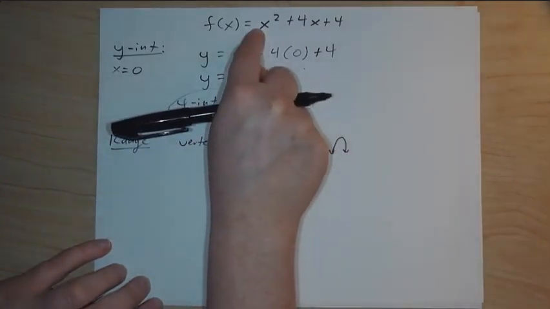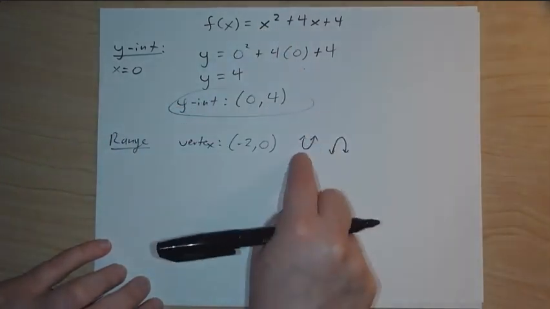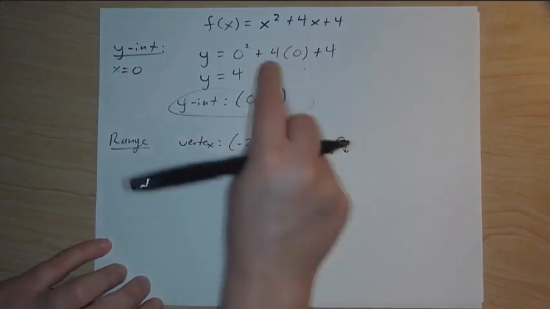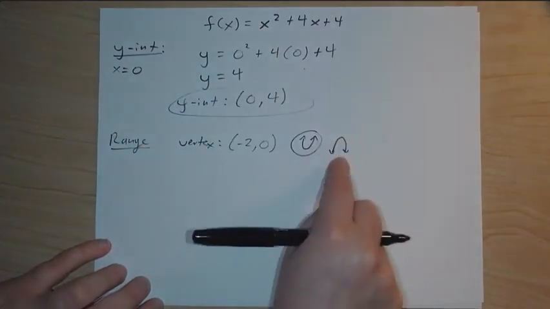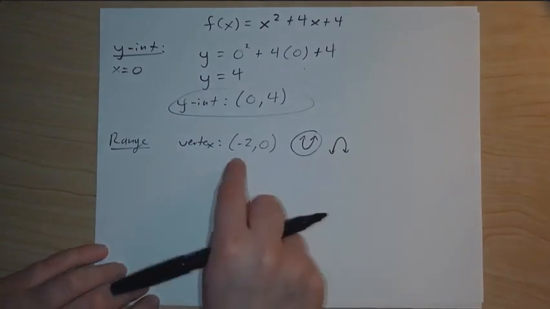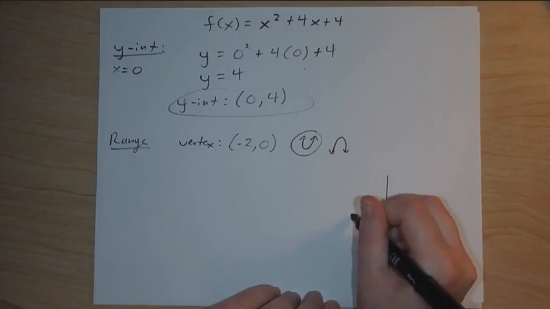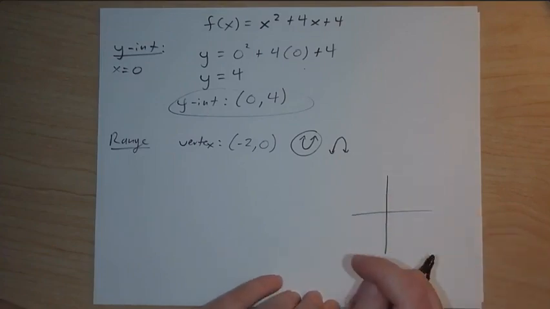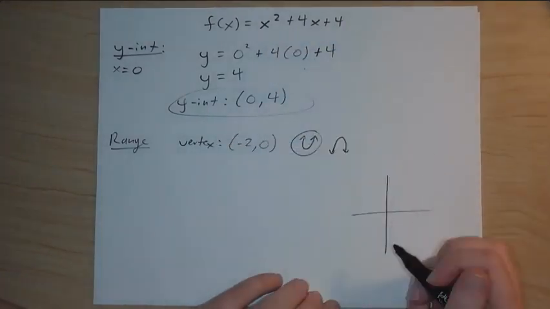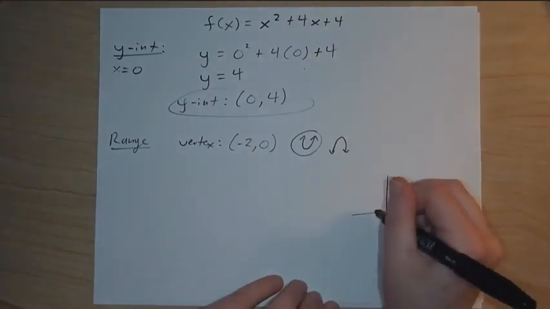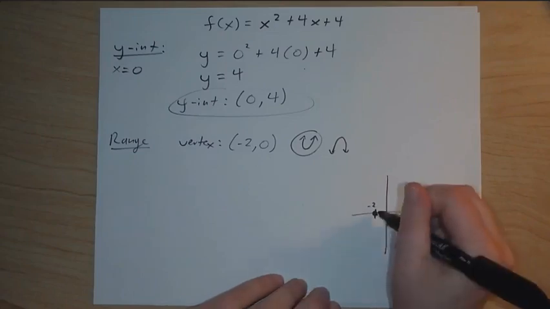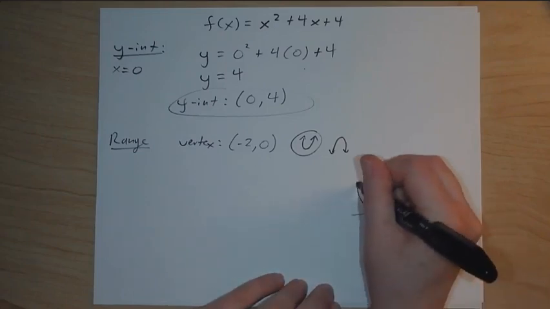Because there's no negative in front of this x squared, we know that it opens upwards. If there was a negative here, it would open downwards. So because we know the vertex and that it opens upwards, we can graph a quick sketch of this function. So our vertex is at negative 2, 0, right there, and it opens upwards.